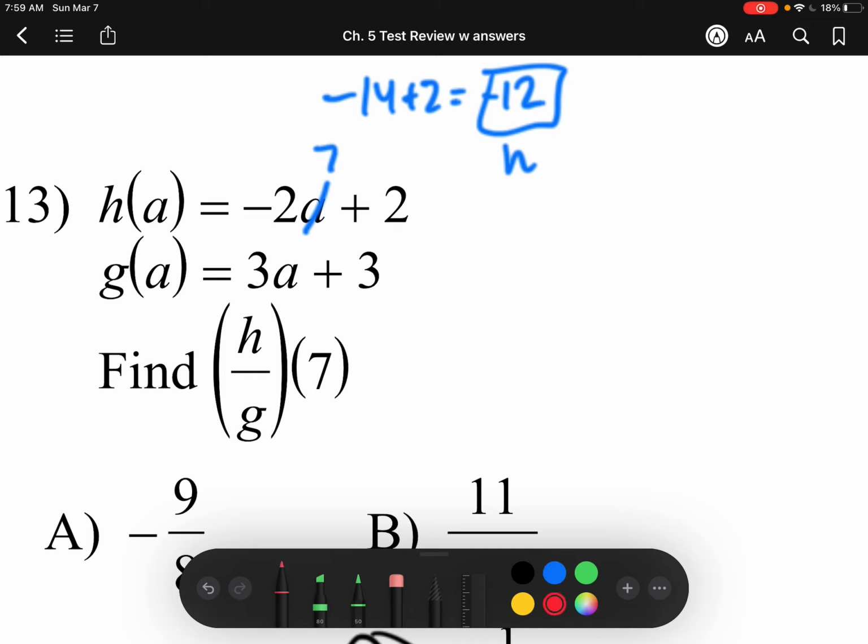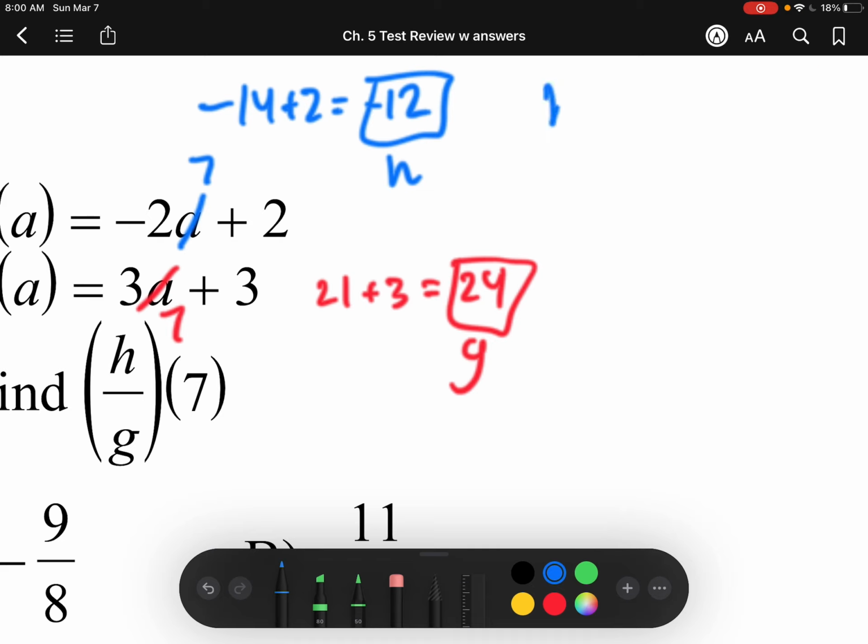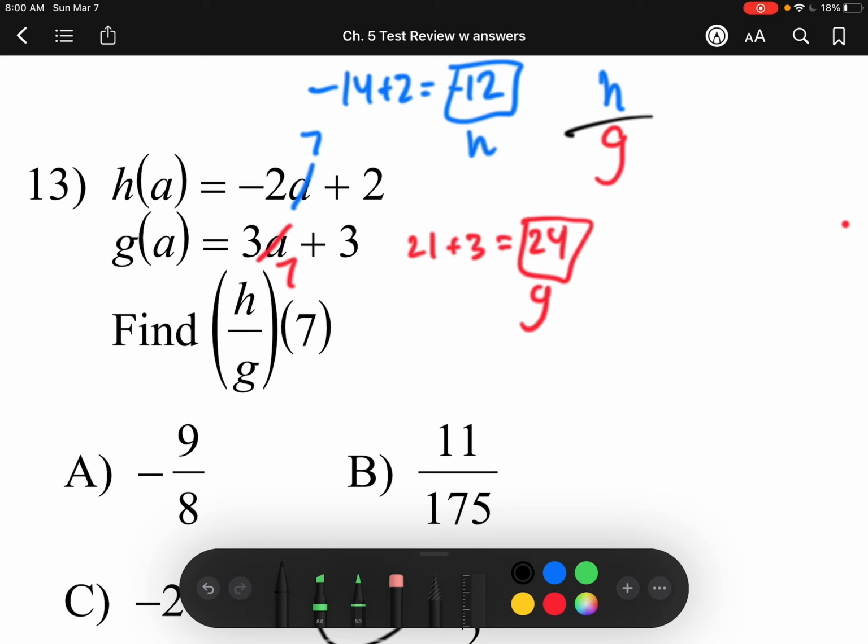Next, we're going to do the same thing for function g. We're going to plug in 7 here, right? So I'm taking 7 and replacing a with it. So I have 3 times 7, which is 21, and then plus 3, 21 plus 3 is 24. This is the value of g. And we're doing h minus g, or no, sorry, not h minus g, h over g. And when we do h over g, we're going to plug in the value for h and the value for g, right?